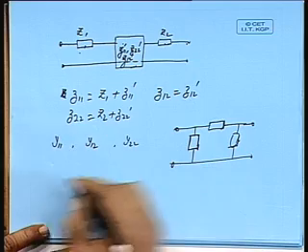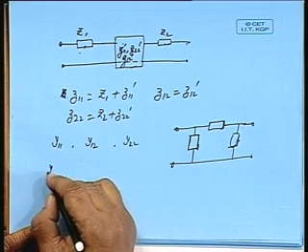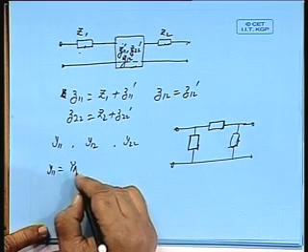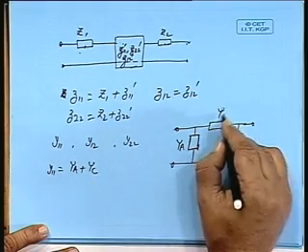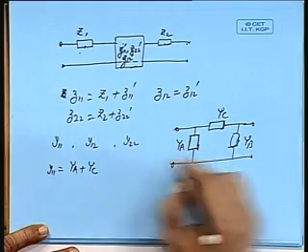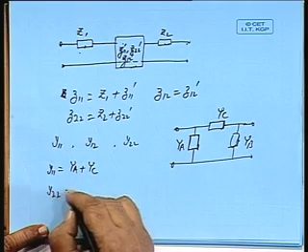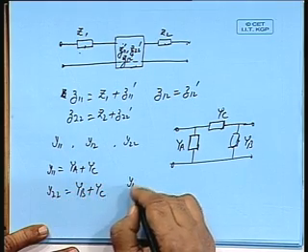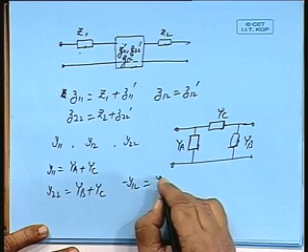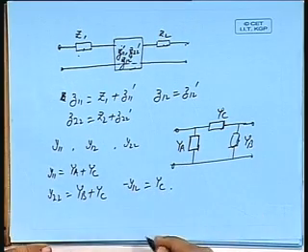Now, what will be y11? Ya plus yc, if this is ya, yc and yb. Y22 is yb plus yc, and y12 minus y12 is yc. Okay.